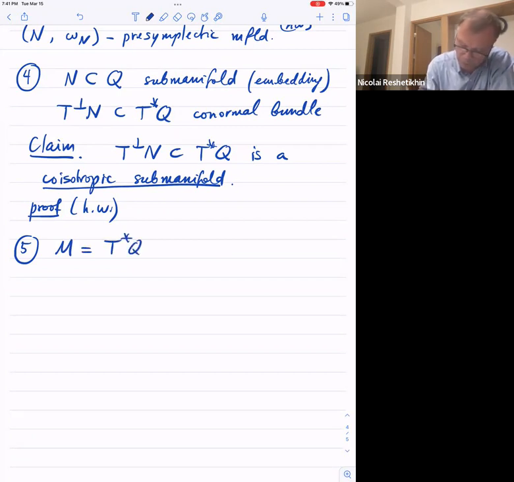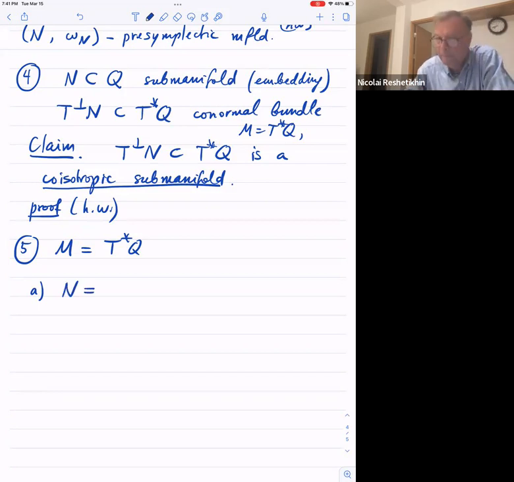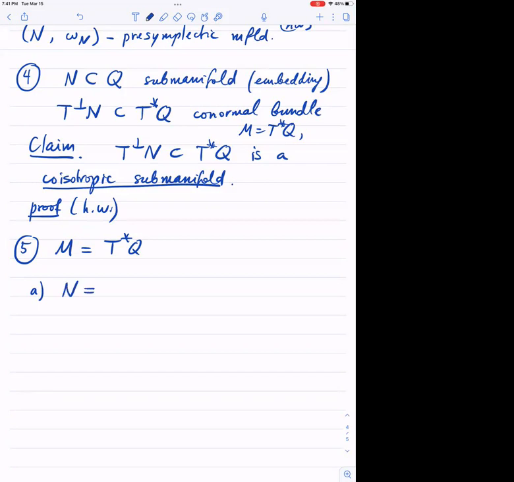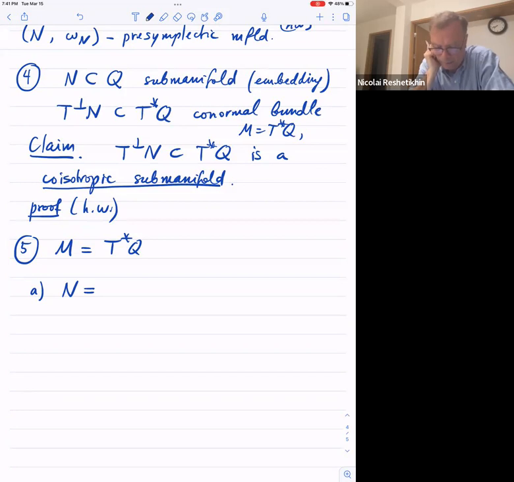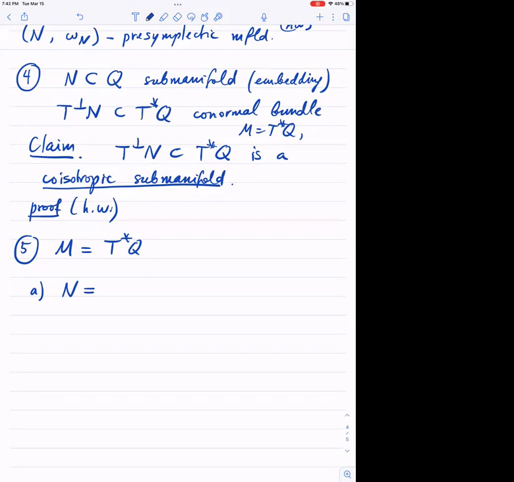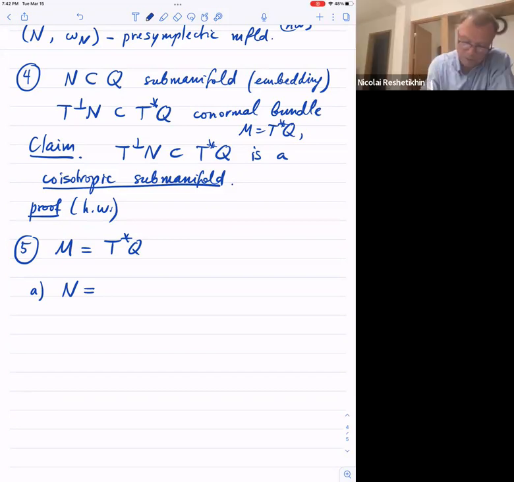In this case, of course, M is the cotangent bundle to Q. Question: I'm just wondering if the inclusion as a submanifold is the right way around, because coisotropic means that N should be at least n-dimensional. No, this one is coisotropic.